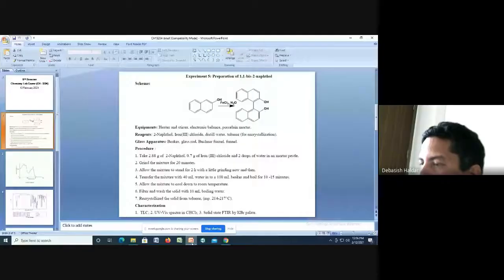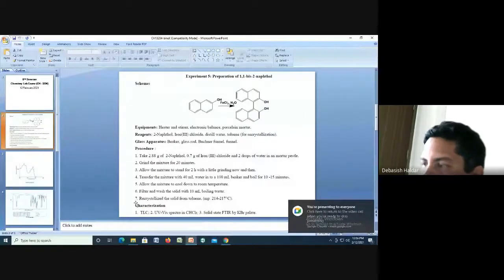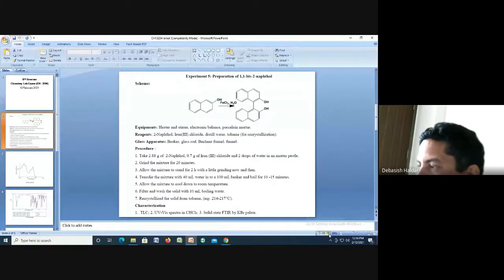So, if there are no more questions, I will go back to that presentation and show the spectra. Yes, so we have synthesized the binol, and now we'll characterize the binol with spectroscopic techniques.